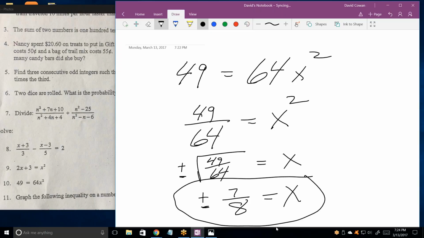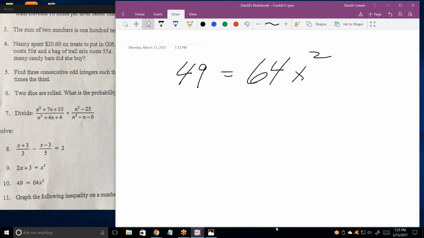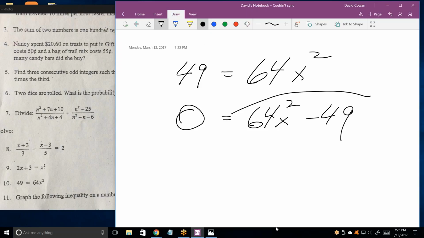Now, let's go back and see if I could have solved this by difference of perfect squares. Well, it turns out I could. In other words, if I subtract 49 from both sides, I get this. Well, notice what we're looking at. That is the difference of perfect squares, right?